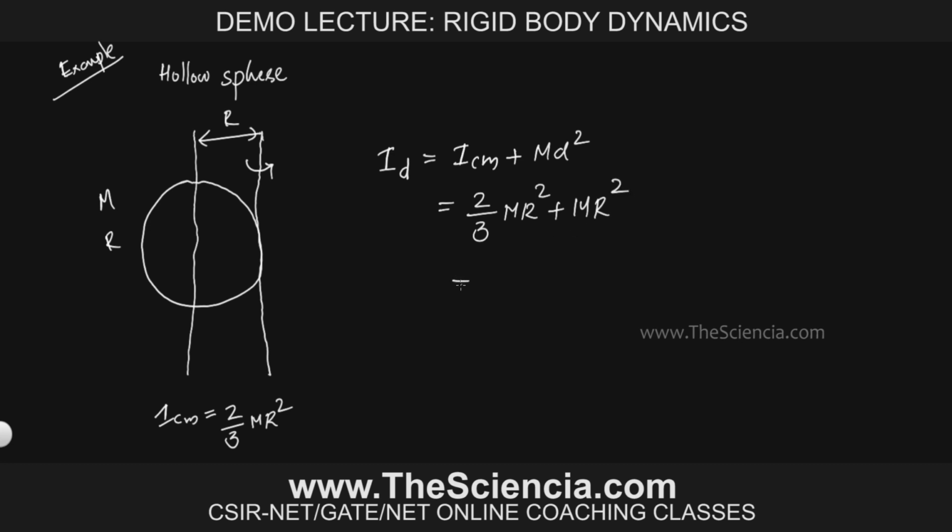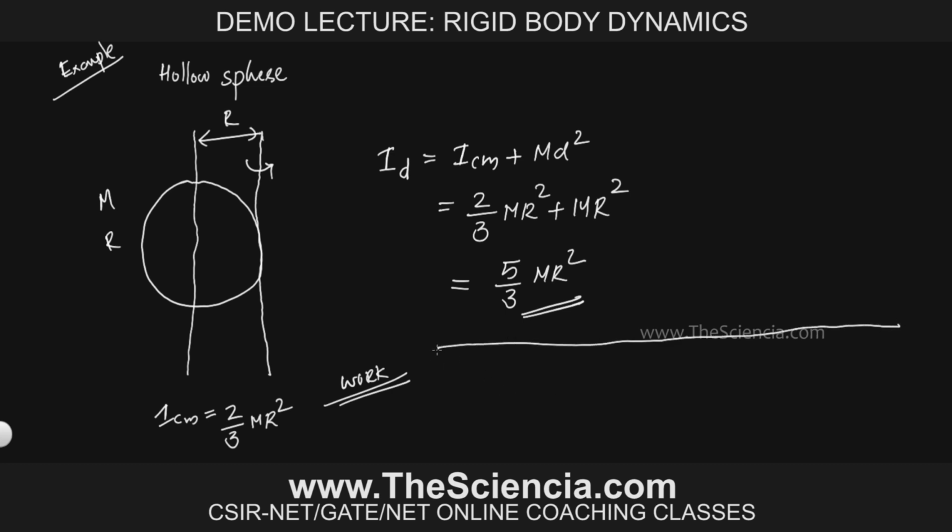So we get 5 by 3 mr square. Now I give you some work. In this lecture, we discussed the moment of inertia of different types of bodies. Make a column and write down the moment of inertia of all of them here.